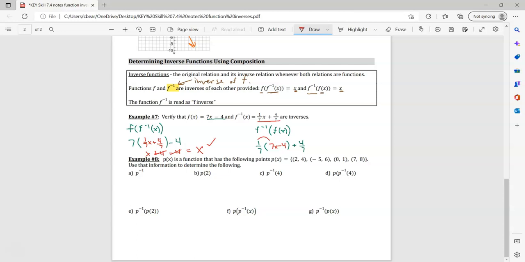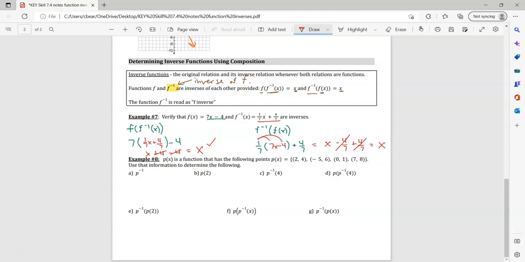So 1/7 times 7 is just 1x. 1/7 times -4 is -4/7. And then plus 4/7. And you can see now that the -4/7 and the +4/7 cancel. So we just get x. And as long as your compositions result in x, then you have inverses. Okay?